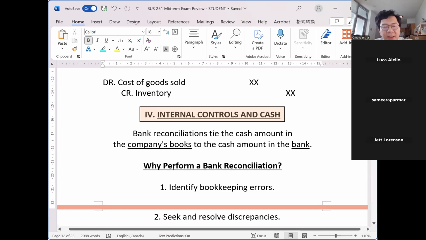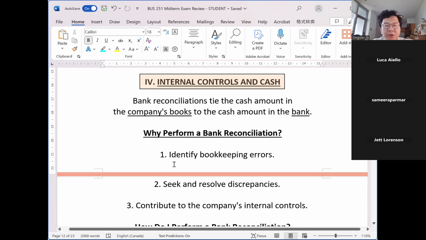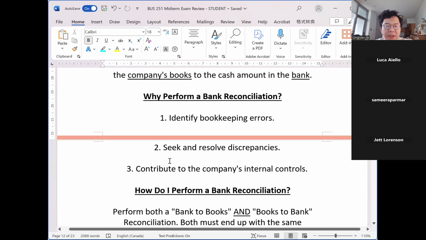So the next thing is internal control and cash. And in this part, we will talk about bank reconciliations. The bank reconciliation ties the cash amount in the company's book to the cash amount in the bank. The reasons that we do bank reconciliation: first of all, we are trying to identify bookkeeping errors.